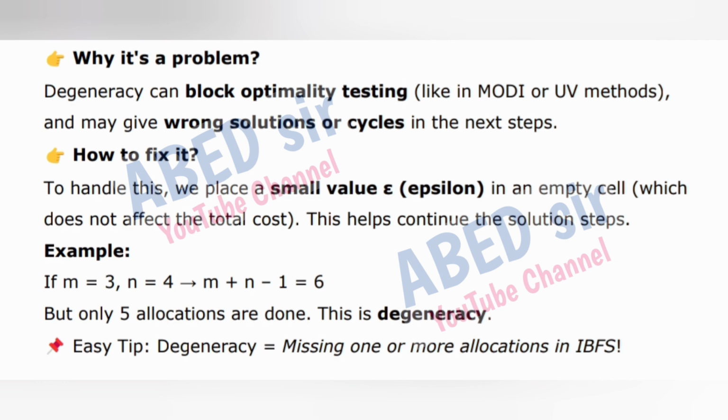This helps continue the solution steps. Example: if m is equal to 3, n is equal to 4, m plus n minus 1 is equal to 6. But only 5 allocations are done. This is degeneracy. Easy tip: degeneracy is equal to missing one or more allocations in IBFS.